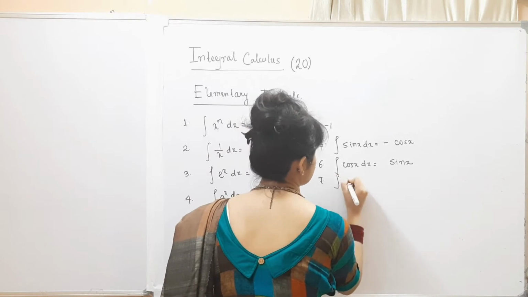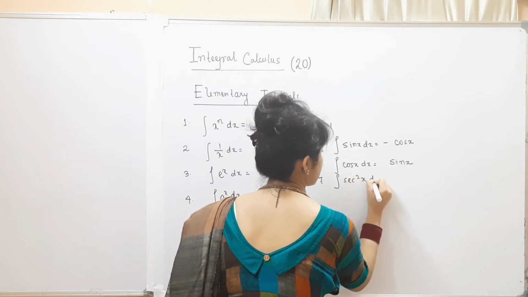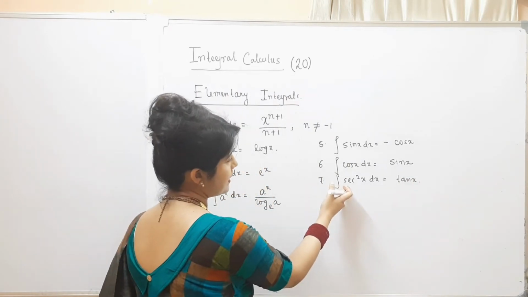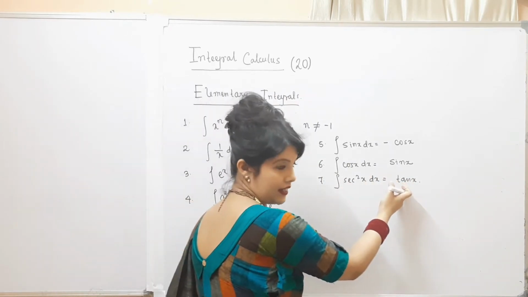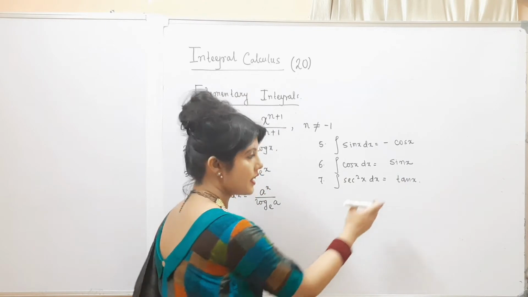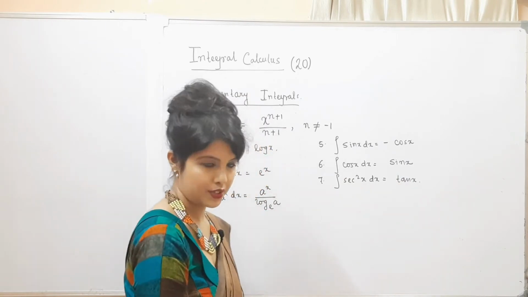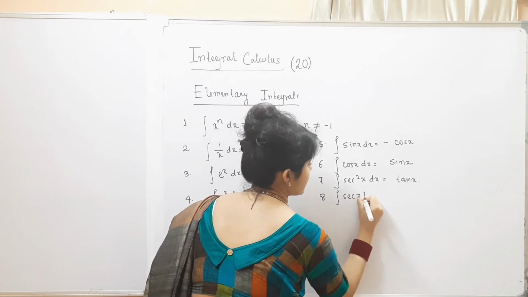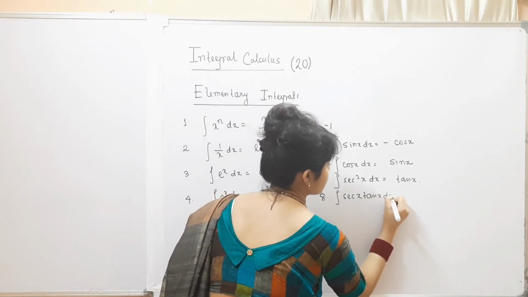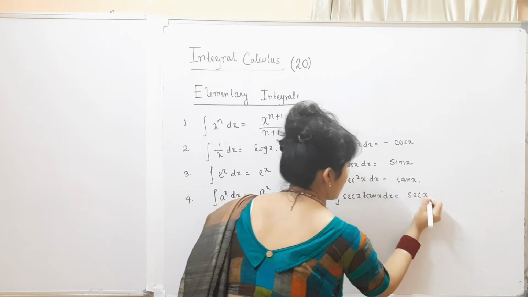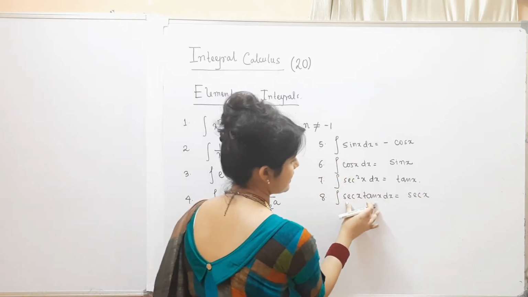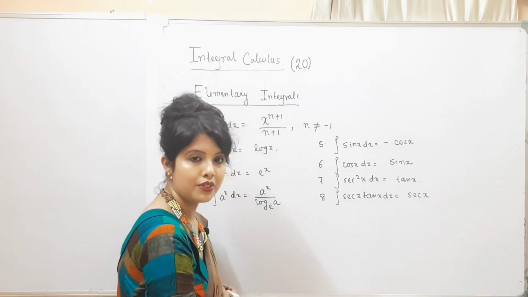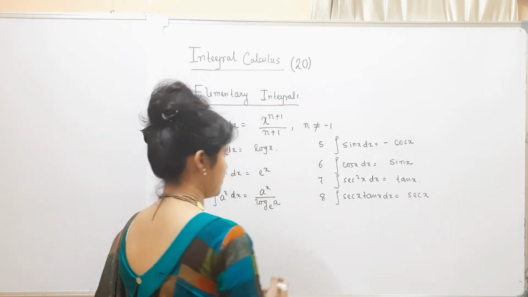Now integration sec square x dx equal to tan x. Note that whenever you are integrating sec square x, you are getting tan x, and whenever you are differentiating tan x, you will get sec square x, okay. This number 8, integration sec x tan x dx equal to sec x. Obviously this sec x tan x will be obtained whenever you are going to differentiate sec x, okay.